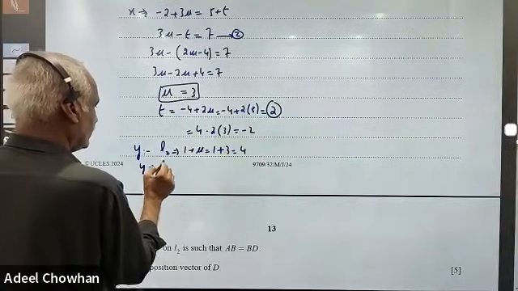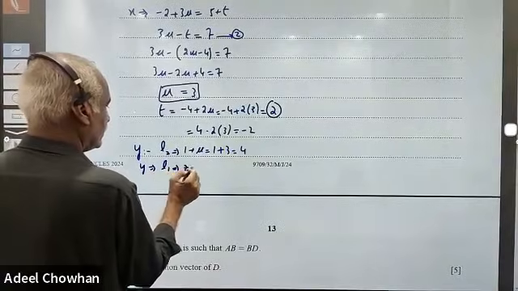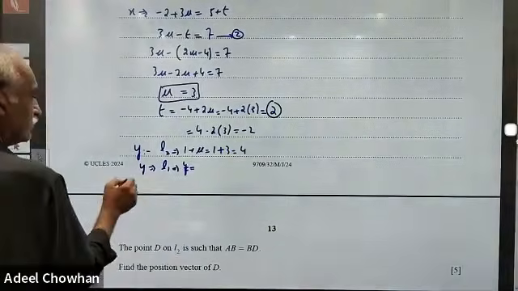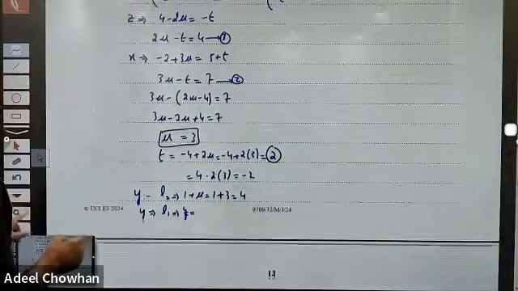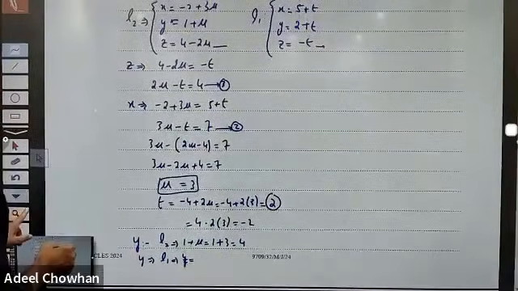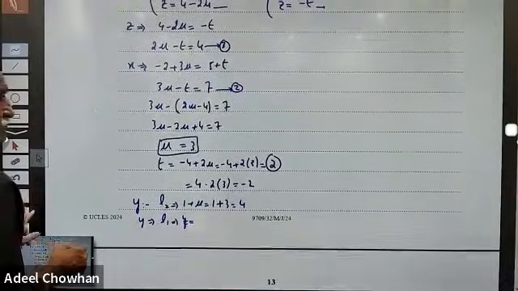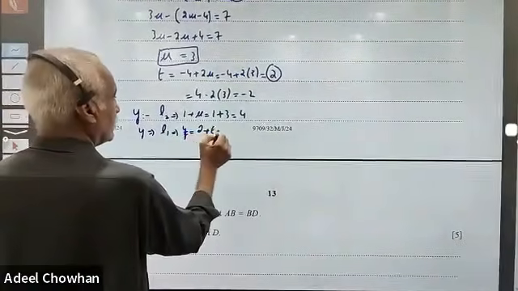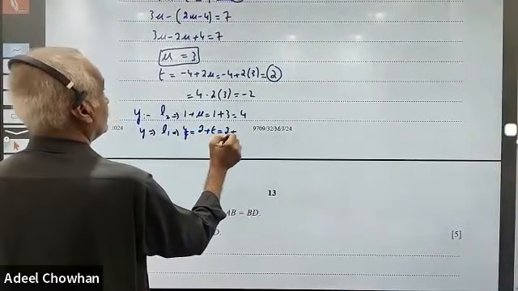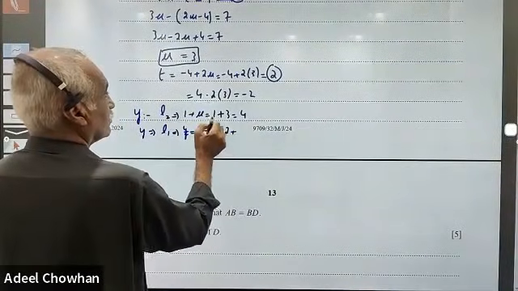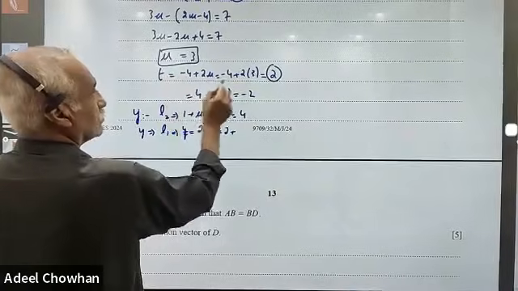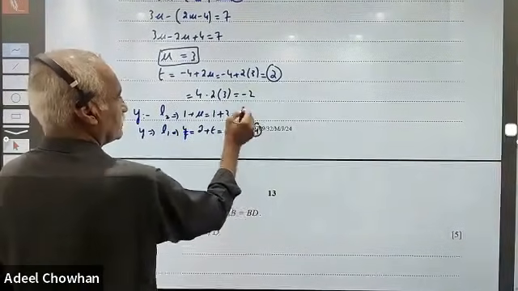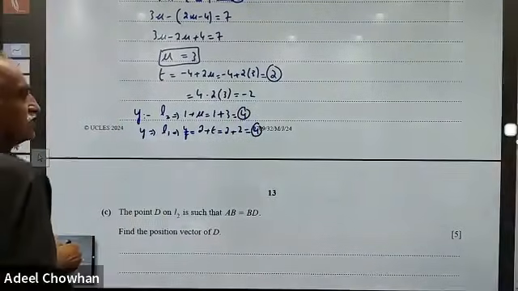For this line L1, the y coordinate is equal to 2 plus t, and the t value is equal to 2, so that is 4. So they are the same coordinates. So x, y, z are the same.